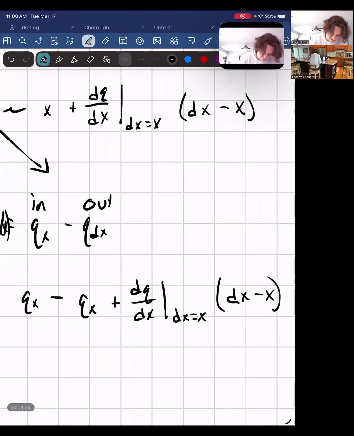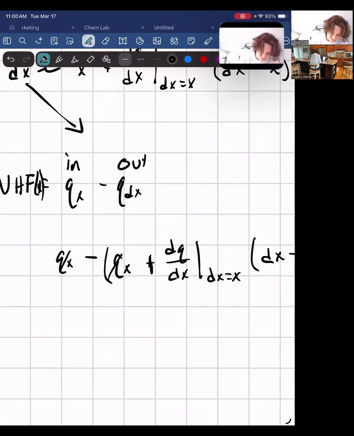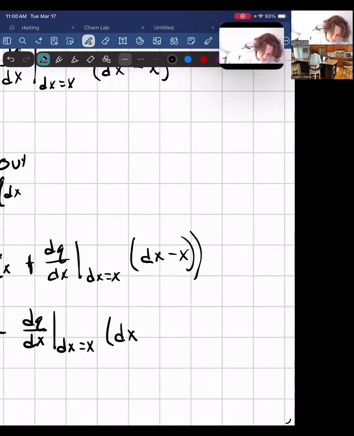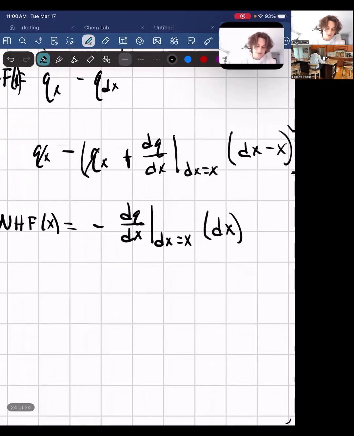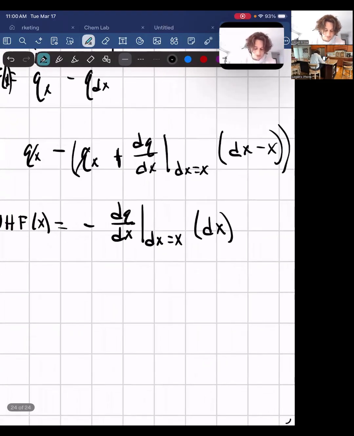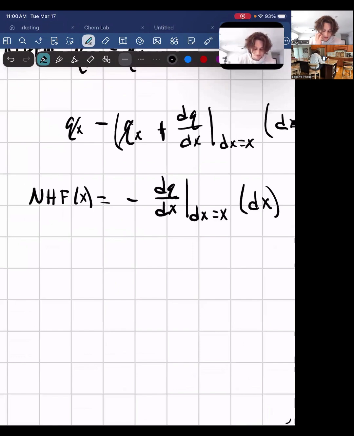Right, so there's a parentheses here. So these two terms will cancel out, and that will then leave us for the net heat flow of x equals minus dq/dx, evaluated at x, times the change in position, and we're at the corner, which will be defined as 0. Right, so this is our net heat flow for the x direction.